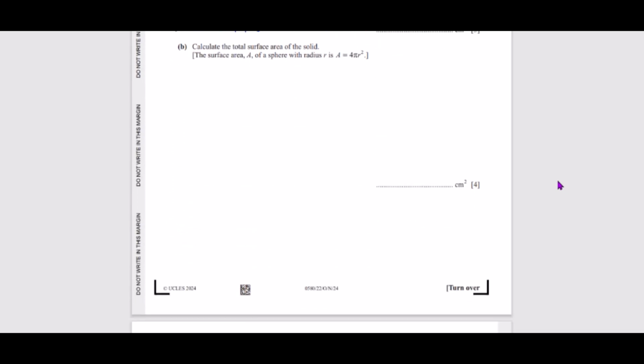Now part B, calculate the total surface area of the solid. Surface area A of the sphere with radius r is equal to 4 pi r square.